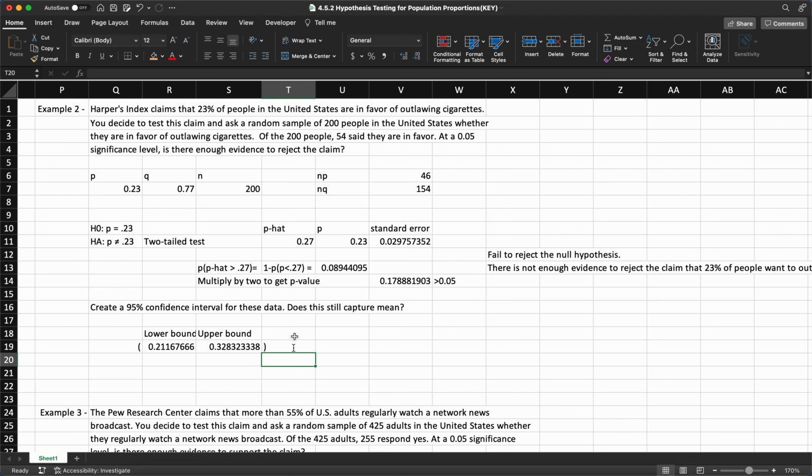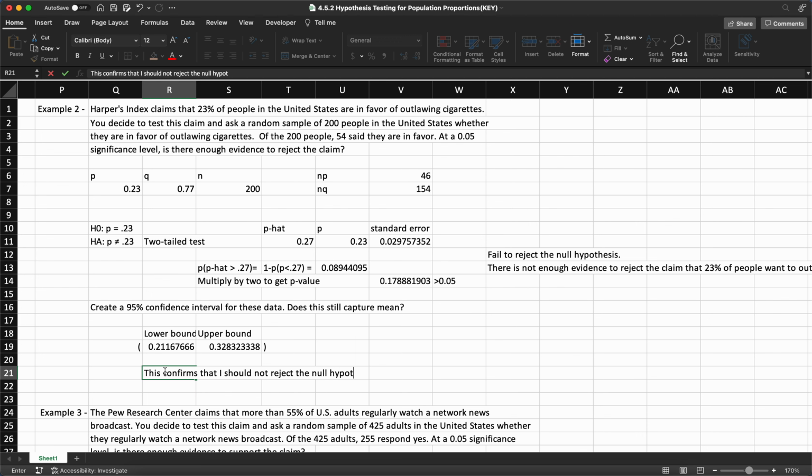So yes, this still captures the mean. This confirms that I should not reject the null hypothesis. Does this prove that Harper's Index is correct? No, it just tells us that we shouldn't think that it's incorrect.